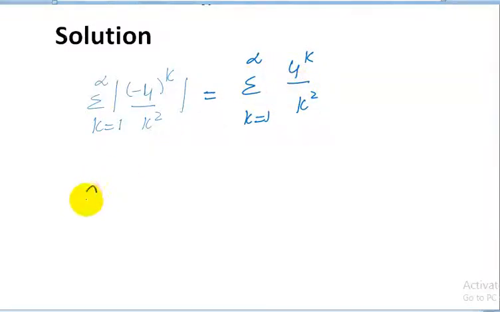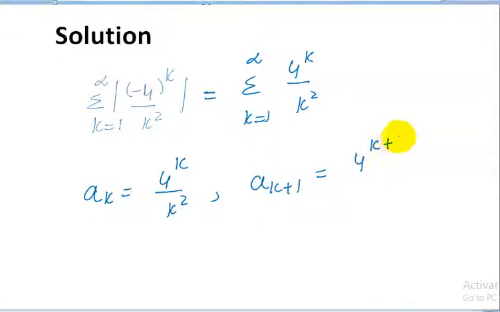Here a_k is equal to 4^k upon k square, and a_(k+1) is equal to 4^(k+1) upon (k+1) whole square. We use the ratio test to test the convergence of this series.